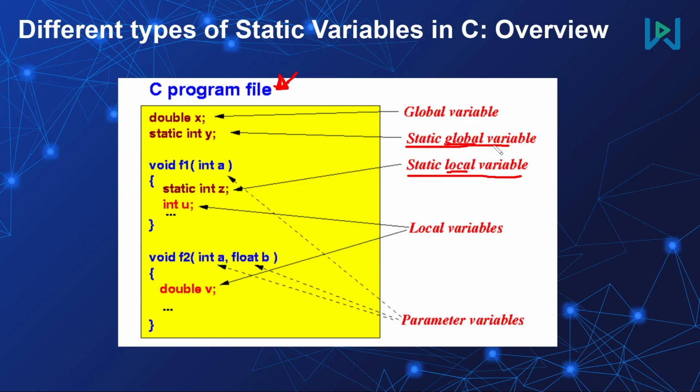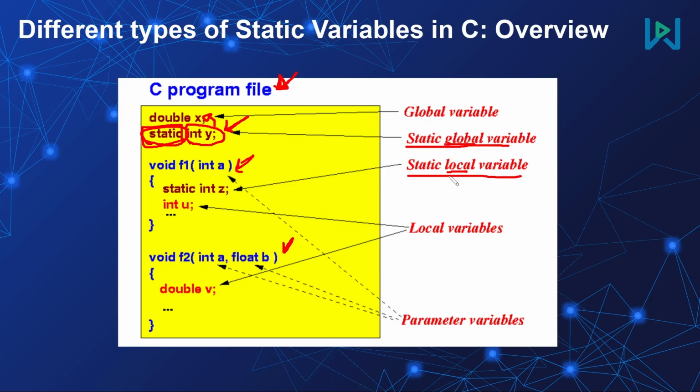A static global variable is just a normal C global variable that is defined globally, outside the scope of the different C functions, but has this static type qualifier. So this static global variable is quite similar to a standard C global variable, but it has in addition this static type qualifier.